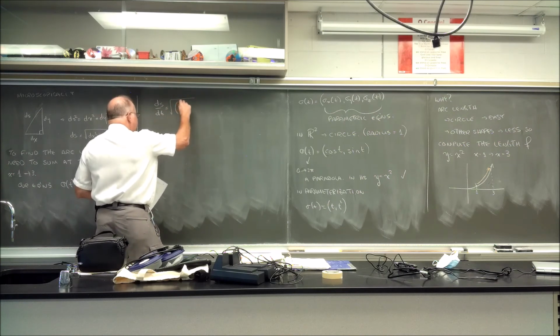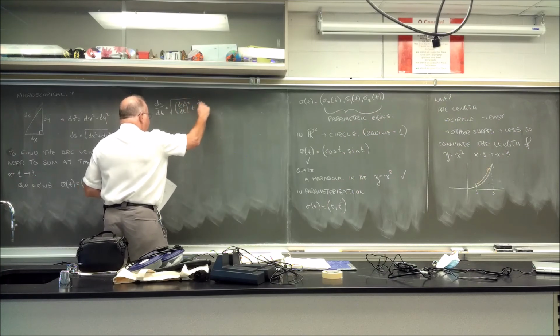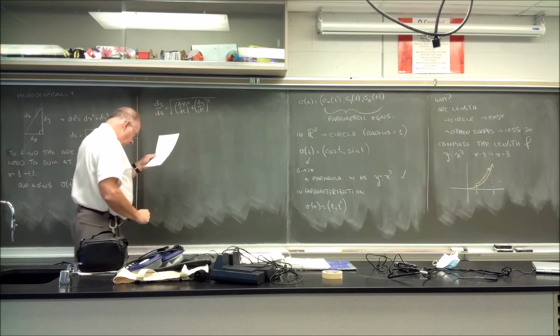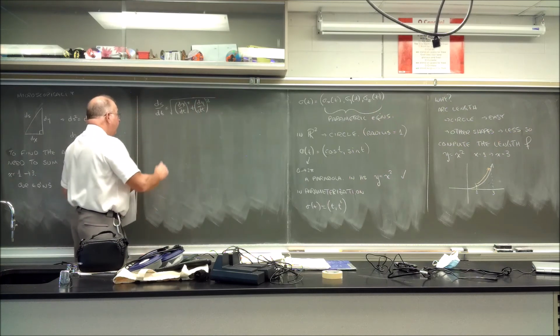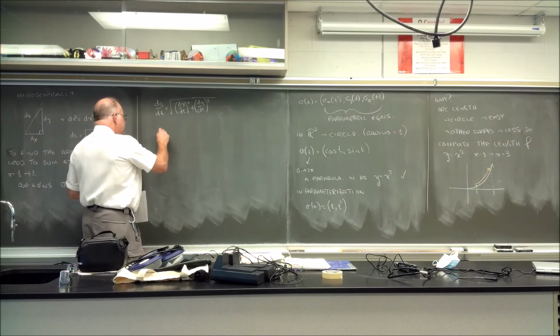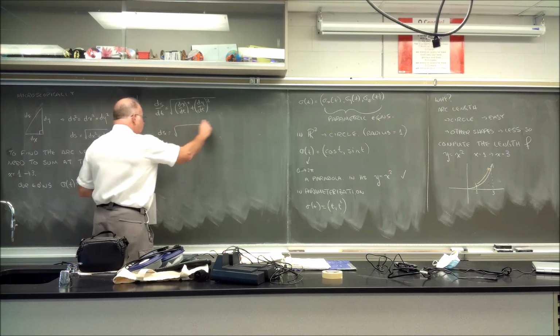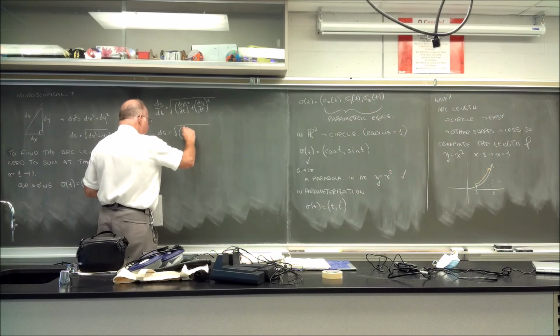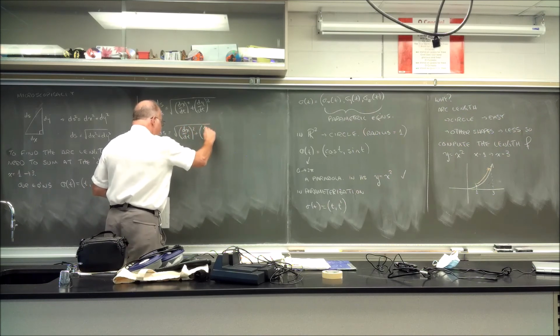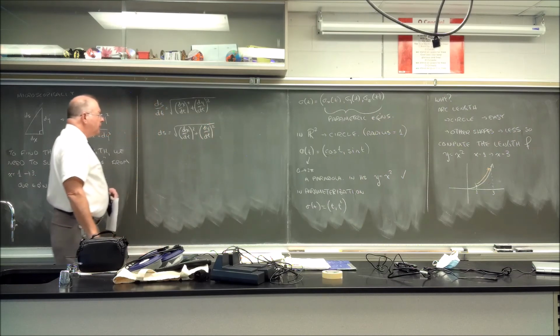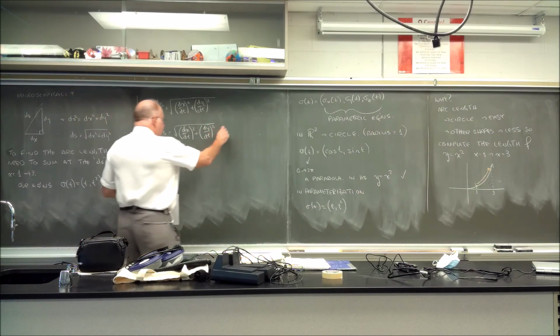The square root of the quantity dx/dt squared plus the quantity dy/dt squared. And we can separate if we want to. And then a dt in the back here.